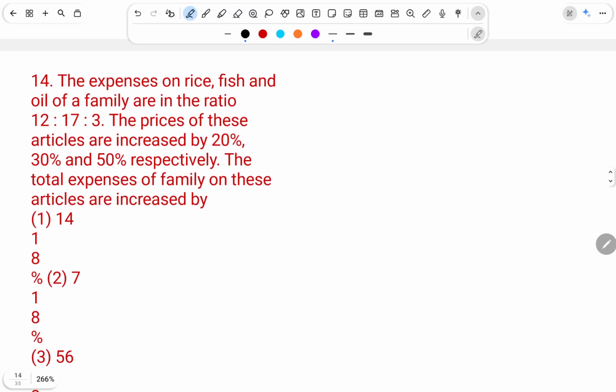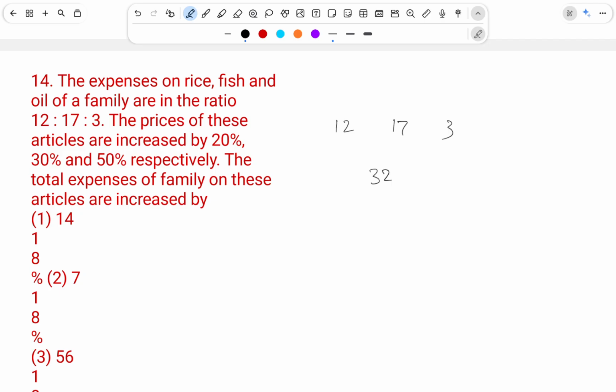The expense on rice, fish and oil. The initial expenses are 12, 17 and 3. Then if I add this it becomes 32. Then each is increased by 20, 30, and 50.